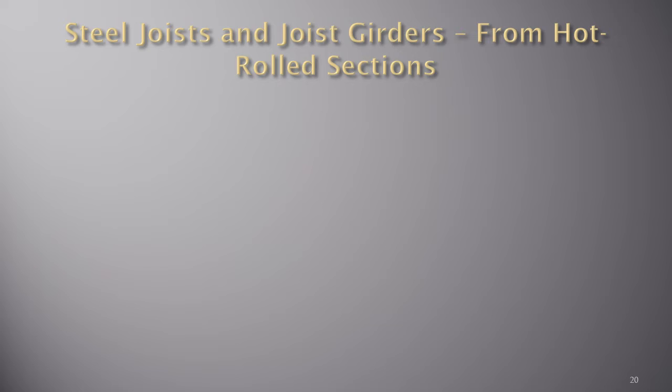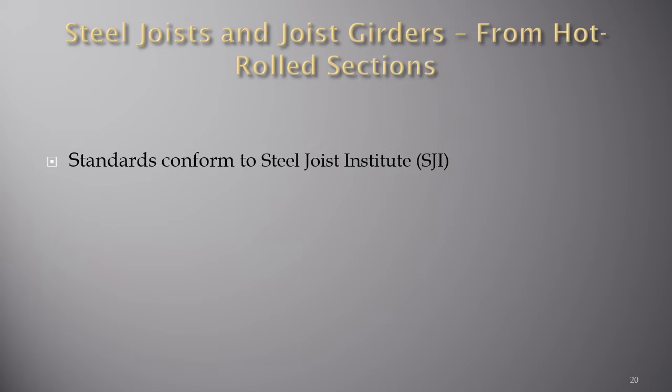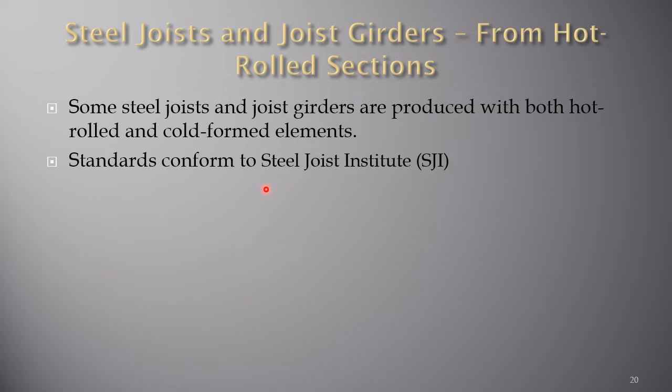Also as a framing member are steel joists and joist girders. Now, these are based on standards that are put out by the Steel Joist Institute, and they're produced with either hot rolled or cold formed elements combined.